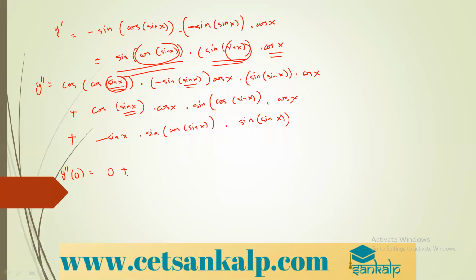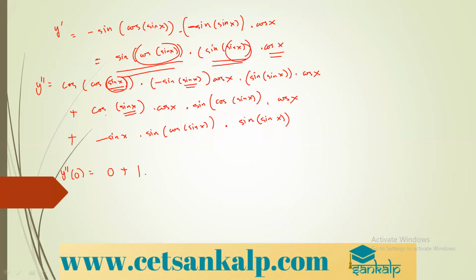Coming to the second term. Sine 0 is 0, cos 0 is 1, cos 0 is 1. I am doing the second term. Sine 0 is 0.